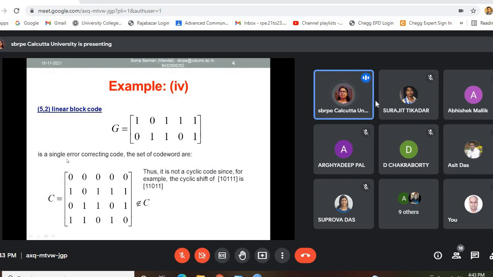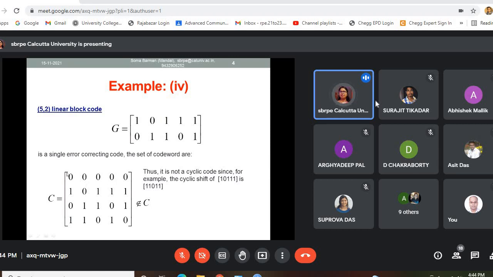So it is a single error correcting code and the set of code words. From the generator matrix, using this generator matrix, the code word C is formed. So within this code word, see here, 00000, one code word is contained, that is all 0.